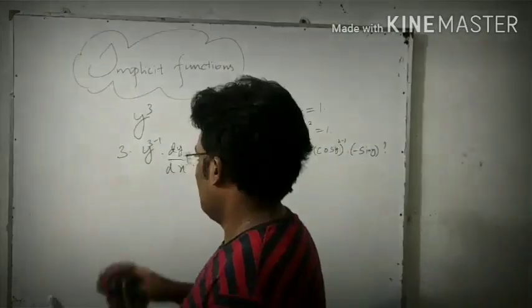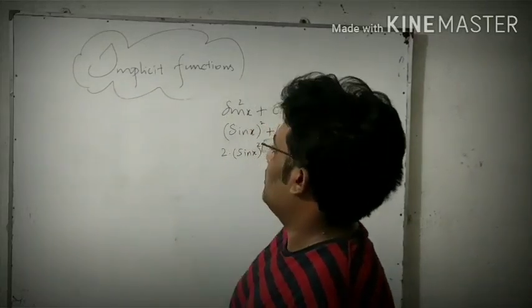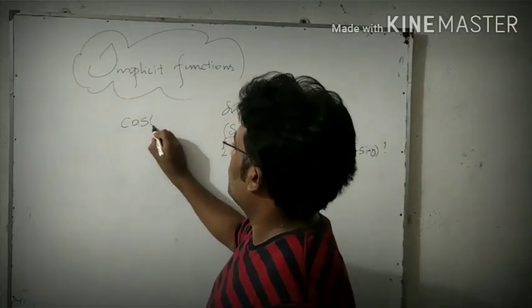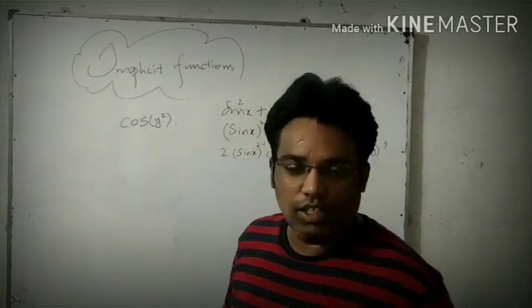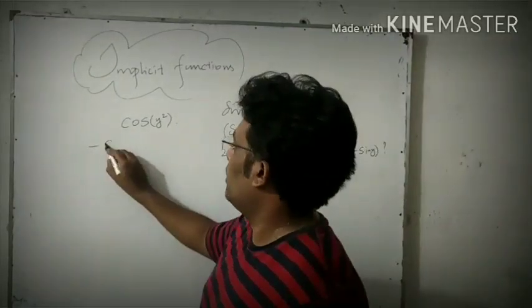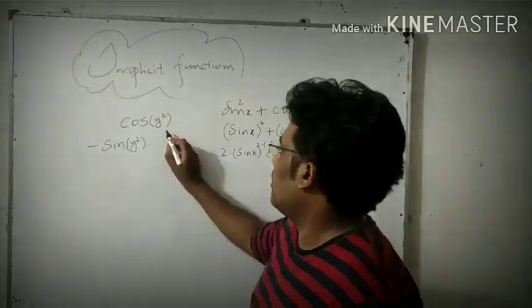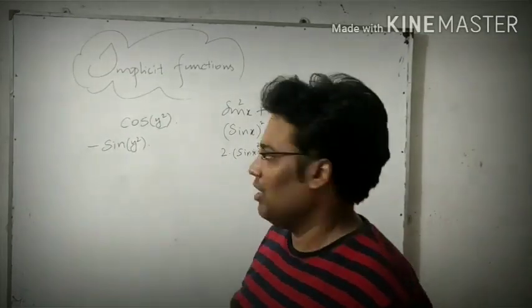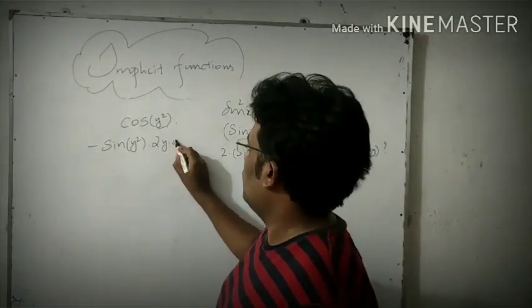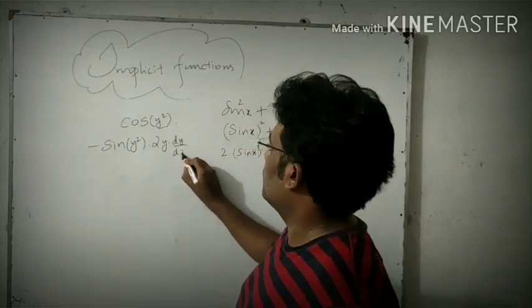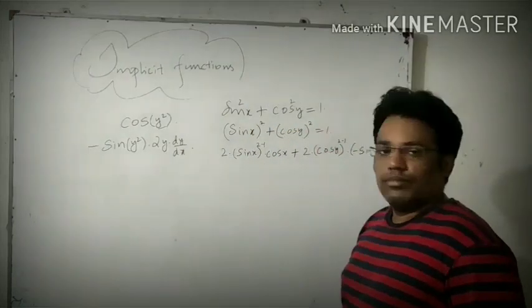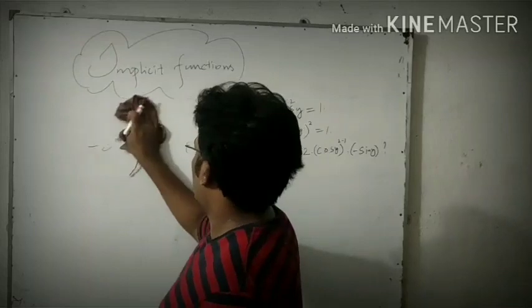In the same way, differentiation of cos of y square is minus sine of y square. Inner part, y square. Differentiation of y square is 2y into dy by dx. So this is the core idea.